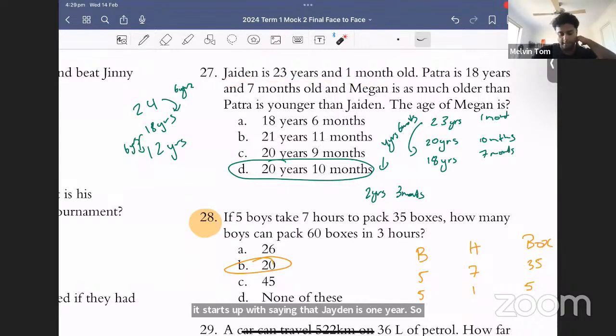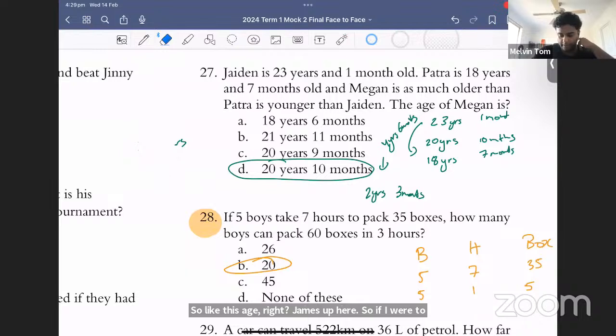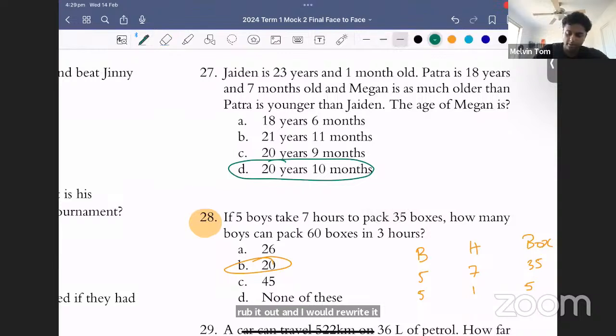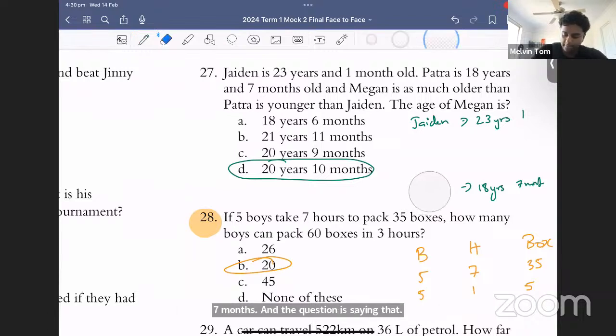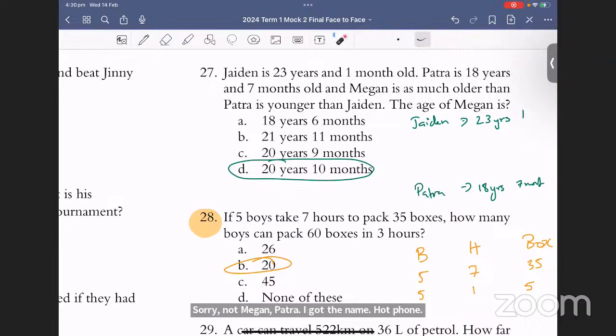Jaden is up here, and Patra is here. Jaden is 23 years and 1 month. Patra is 18 years and 7 months. Sorry, I got the name wrong. Do you understand this, Arush? Yep.